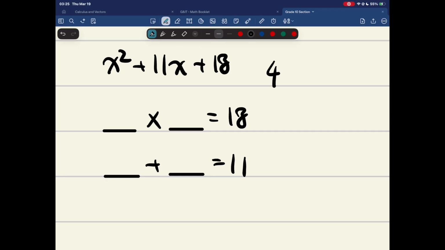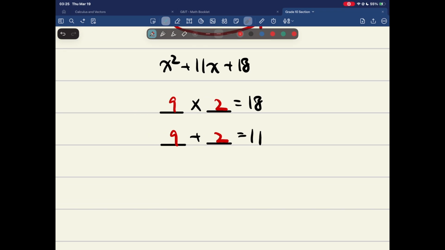Let me think, 4, and it doesn't work. 5 nor 6 times 3, no, it doesn't work. So we'll have 9 times 2. This equals 18 and adds up to 11. So we'll write 9 and 2 here.